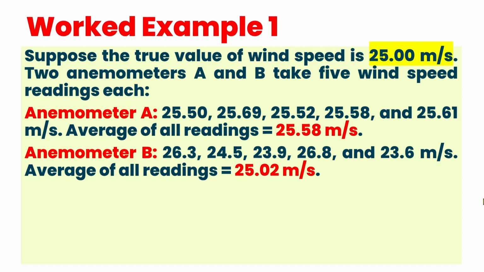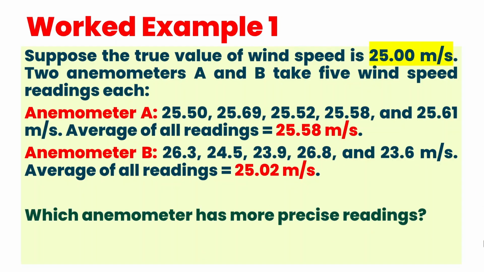We take the average of all readings and we get 25.58 meters per second. Anemometer B, on the other hand, reads 26.3, 24.5, 23.9, 26.8, and 23.6 meters per second. We get the average of all readings, 25.02 meters per second.